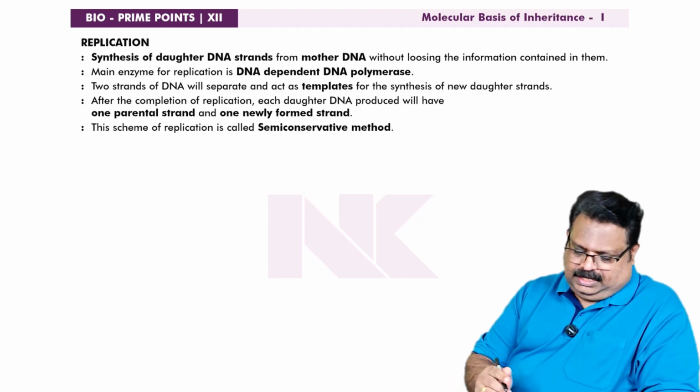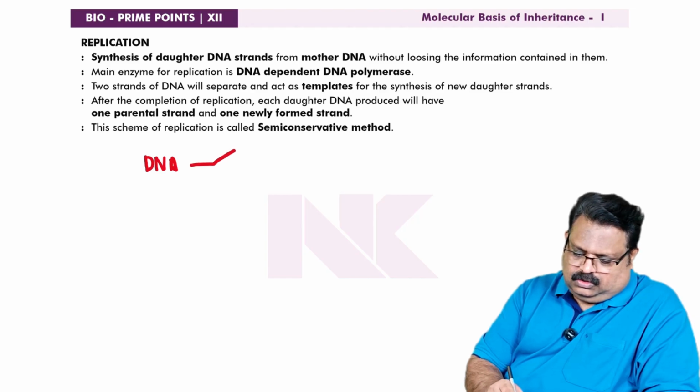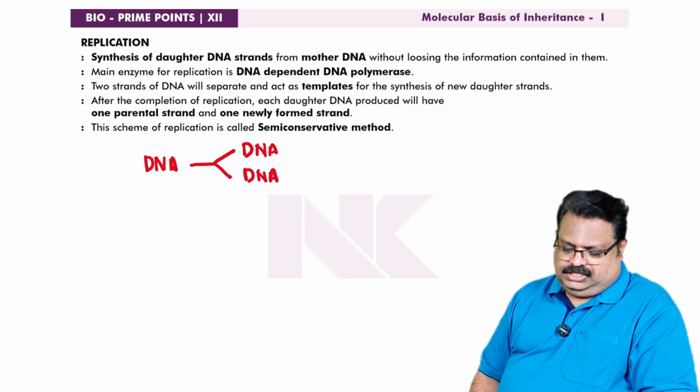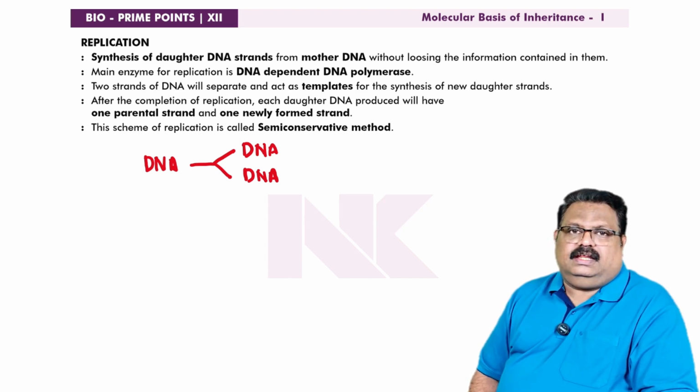What does replication mean? From one mother DNA, two daughter DNA molecules are produced. The synthesis of daughter DNA from mother DNA is called replication. The replication occurs in such a way that there is no change in the genetic information.